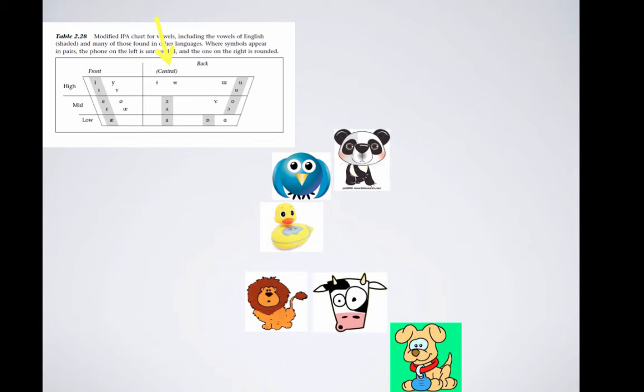It is very reduced. Duck. We have lion, iron, and also we have the word cow. Finally, dog.